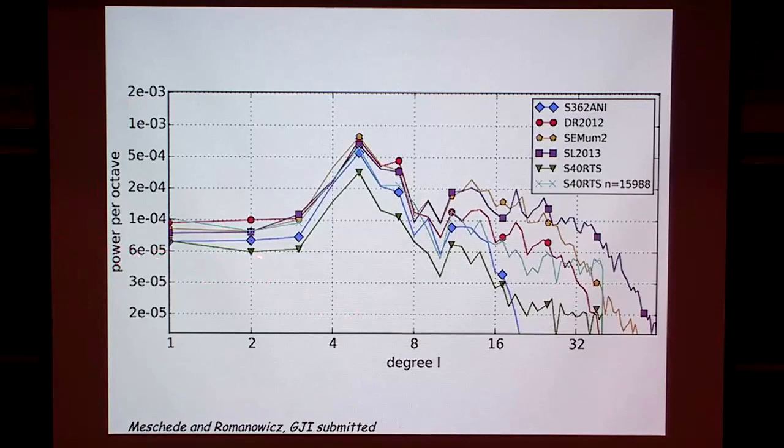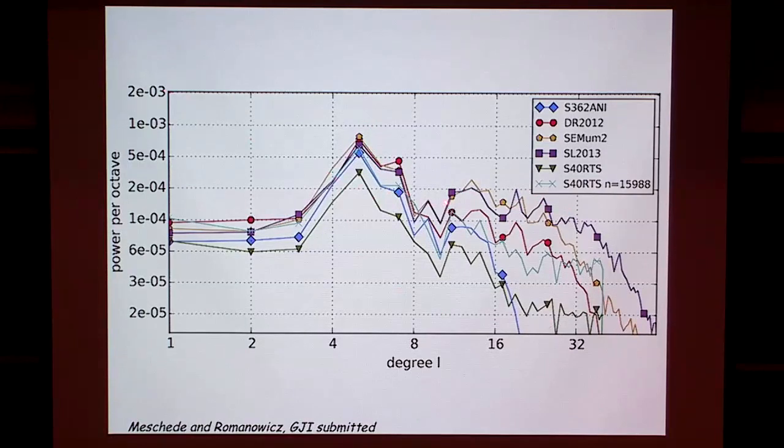Power per octave is basically as you multiply each degree, you multiply the corresponding power by L, so you kind of bring down the long wavelengths and have a better view of the shorter wavelengths.